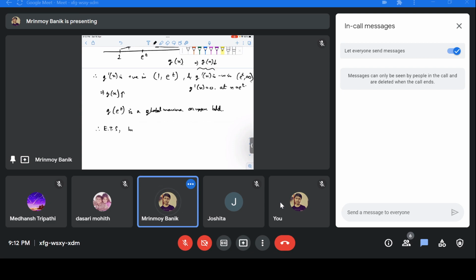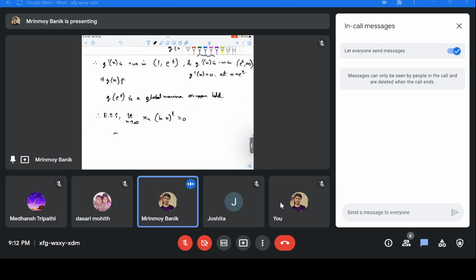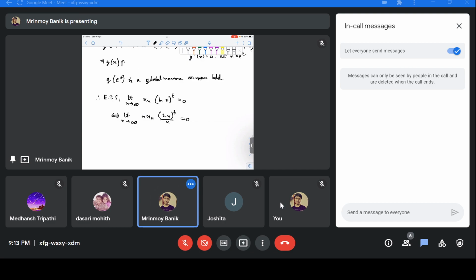We need to show that the limit as n tends to infinity of xn (ln n)^t equals 0 if and only if the limit as n tends to infinity of n times xn by (ln n)^t by n goes to 0. We already know this thing goes to 0, and we have found an upper bound for this one.